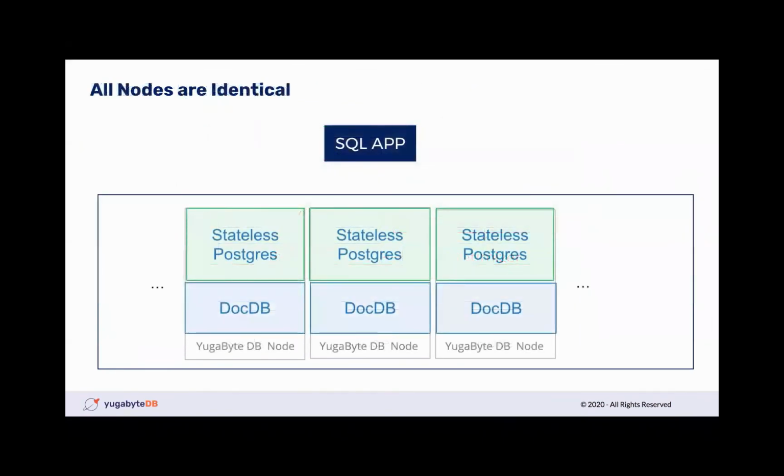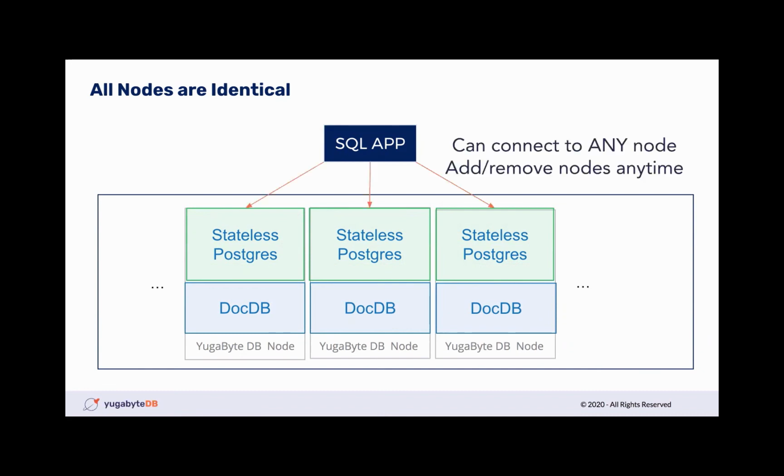So the system looks like you have a bunch of nodes, each of which has a process. The upper half of this process is a stateless PostgreSQL, and the lower half is a distributed Google Spanner-like document store, right? So the advantage is now your application can connect to any node, which will internally fetch the data from the right locations. You can add and remove nodes at any point.